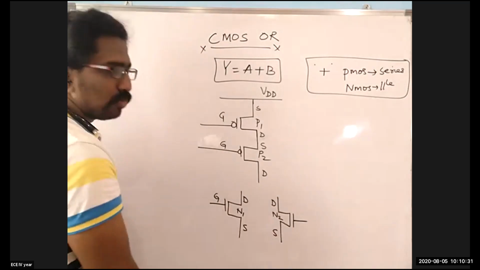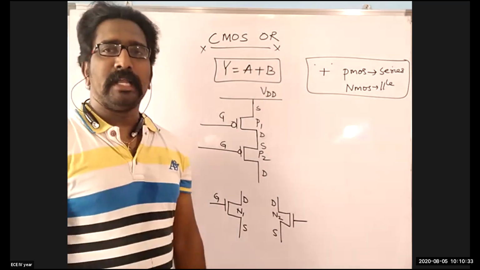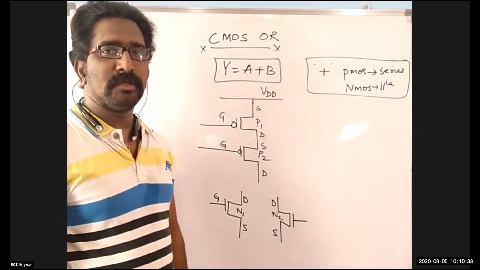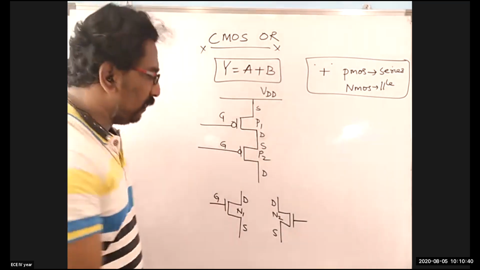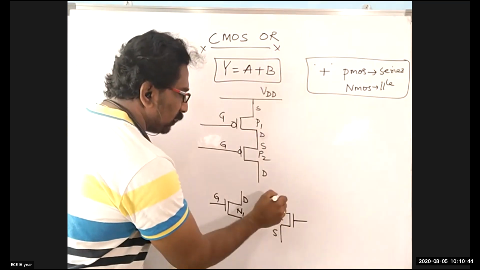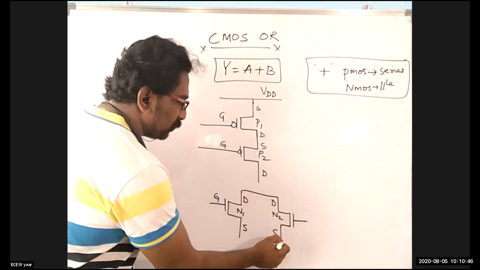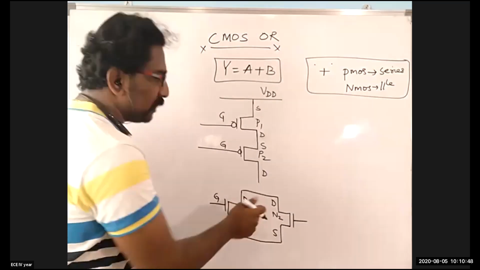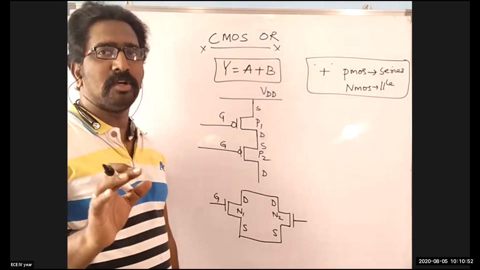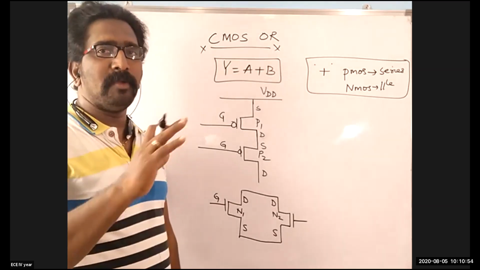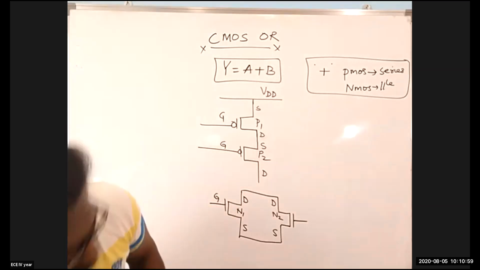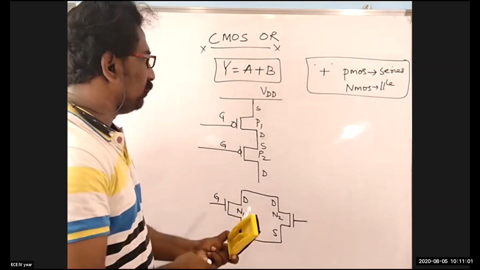To make these two NMOS parallel, I need to short both the drains and both the sources, similar to the previous case of A dot B. Now the structure becomes parallel; both NMOS are in parallel. And we all know that the output of any CMOS logic will be obtained between the P block and the N block. What is the P block? This is our P block.